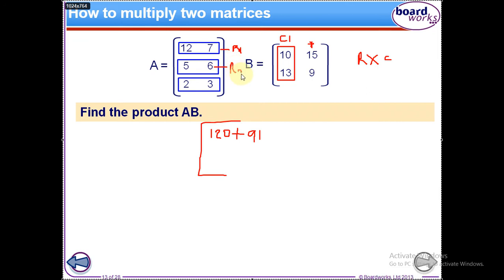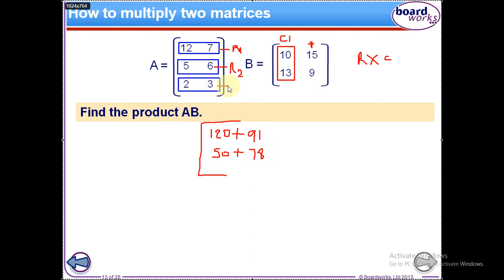So you perform the same task with R2 on C1. 5 times 10 is 50, then plus 6 times 13, or better still 13 times 6, the same thing, guys. That's 78. So I'm through with R2.